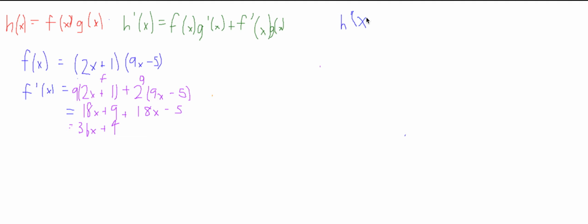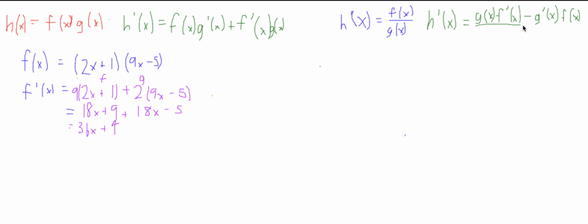So, if h of x will be equivalent to f of x divided by g of x, then the h prime will be equivalent to, wait for it, g of x times the f prime of x minus the g prime of x times the f of x, divided by g of x squared.